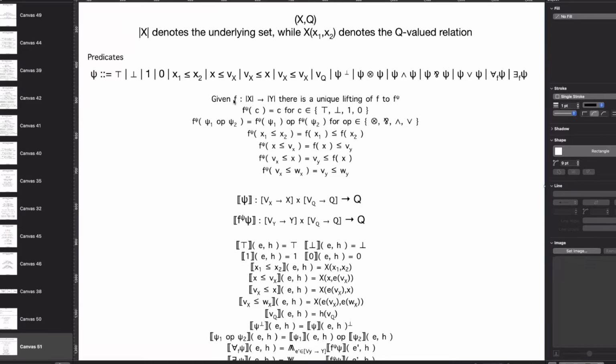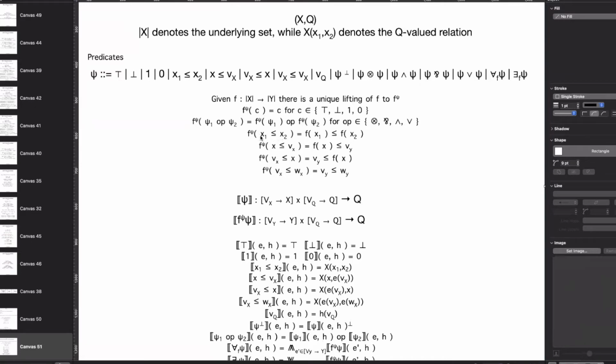So anyway, notice that if we just think about what's on the underlying sets, there's a unique lifting of that F to predicates. Basically it doesn't do anything to the constants. It pushes through on the operations.